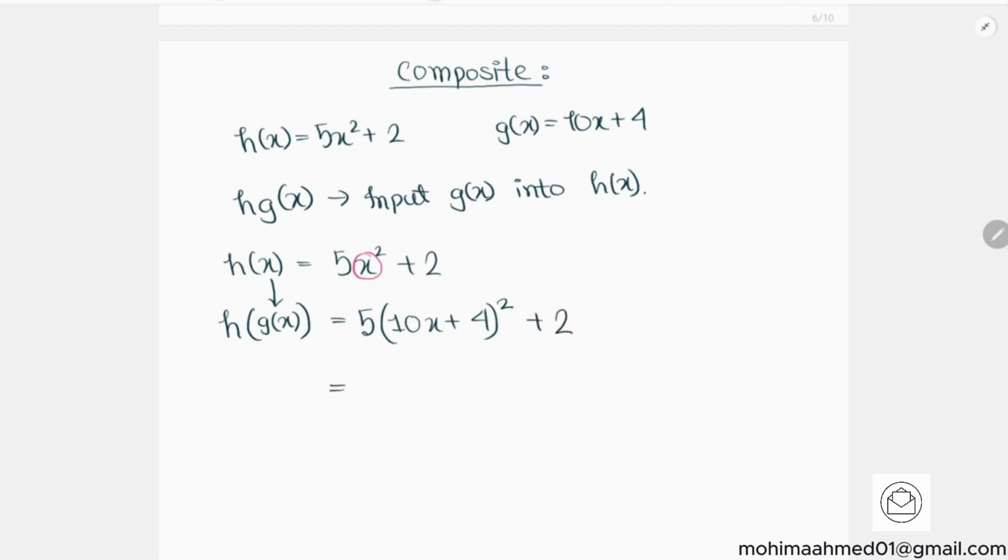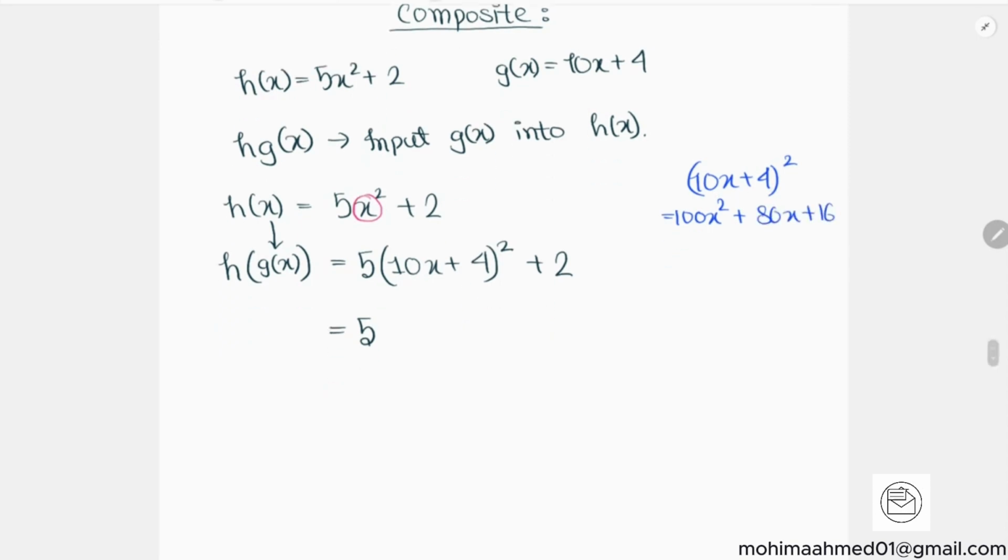Now you need to simplify this term using the concepts of algebra, that is a plus b whole square. I'll just do the working for 10x plus 4 whole square at the side. It will be 100x squared plus 80x plus 16. Okay, I'm just doing the rough work at the side.